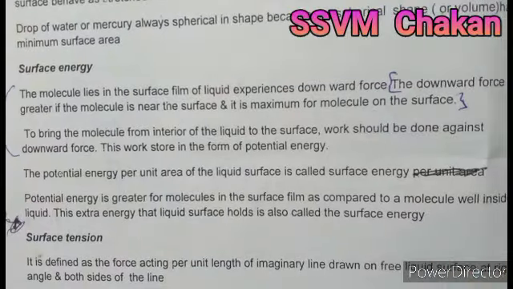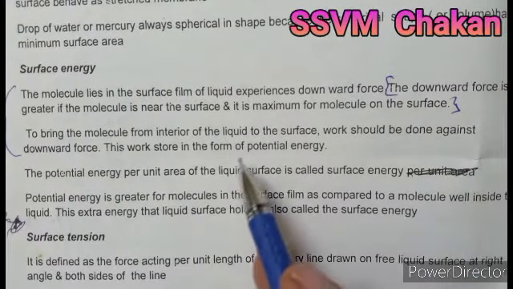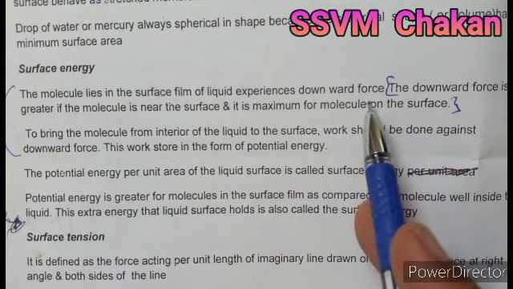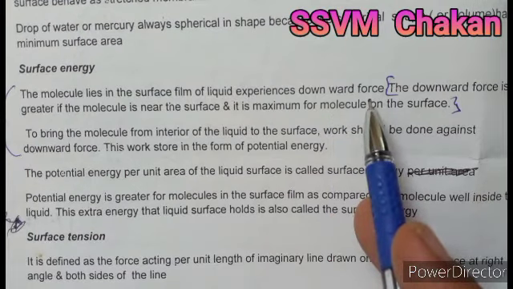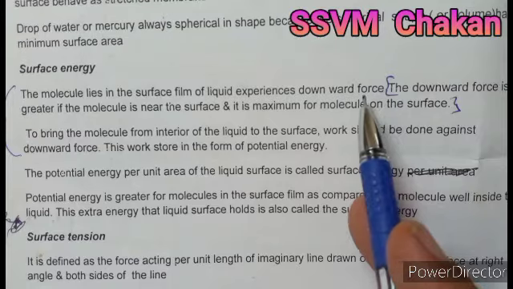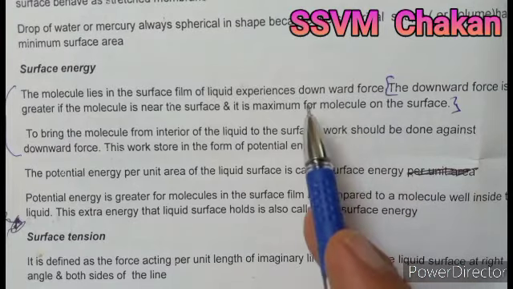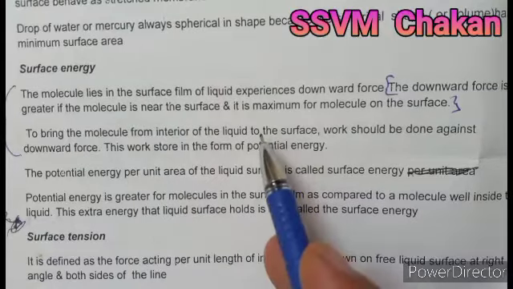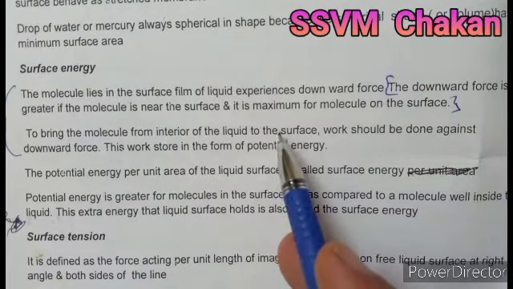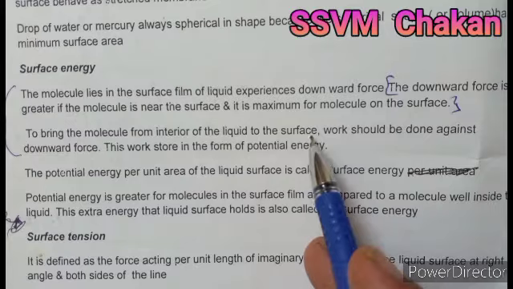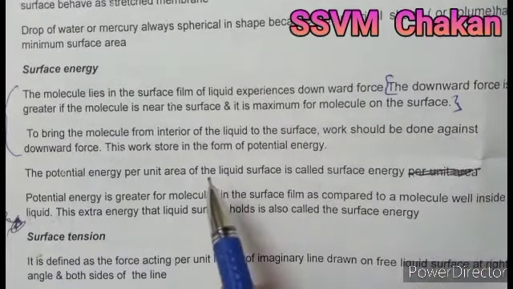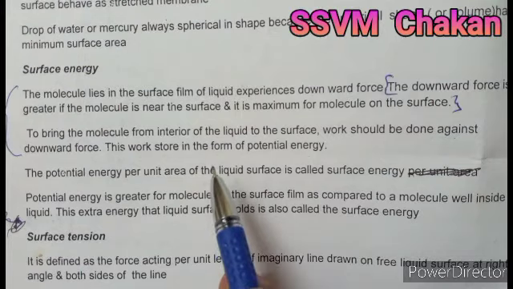Molecules lying in the surface film of a liquid experience a downward force, that means the top surface molecules or free surface molecules experience a downward force. To bring a molecule from the interior of the liquid to the free surface, work should be done against the downward force.